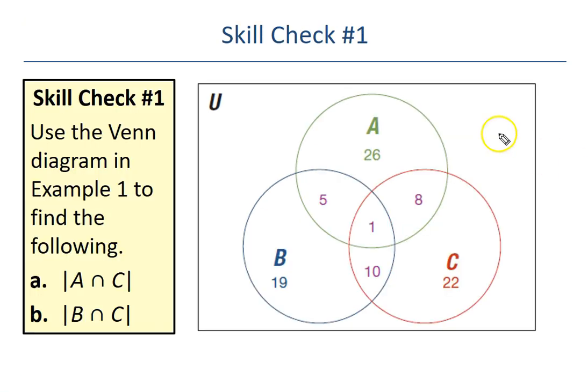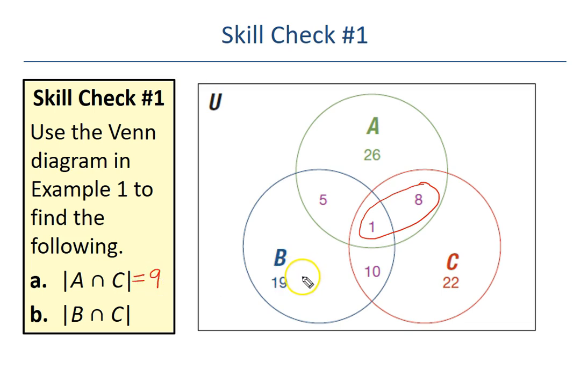Now in this one, which is a skill check, and we're still using that same diagram, what would be the cardinal number for the intersection of A and C? Well, A and C, that intersection would be 9.